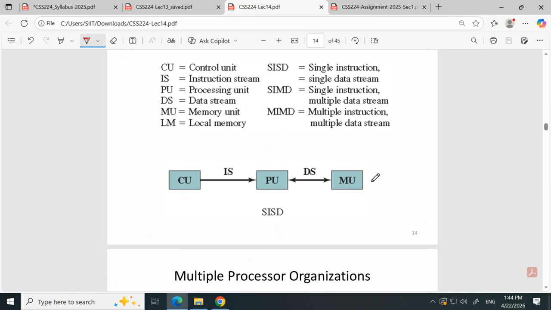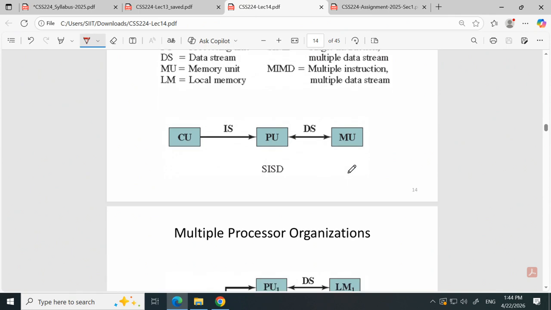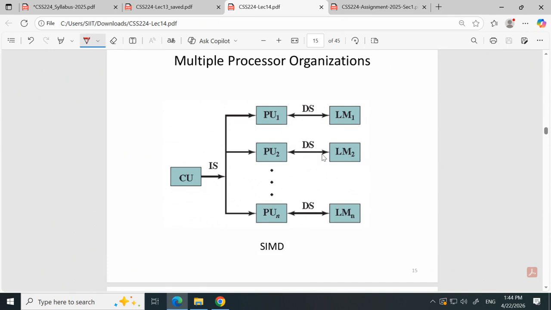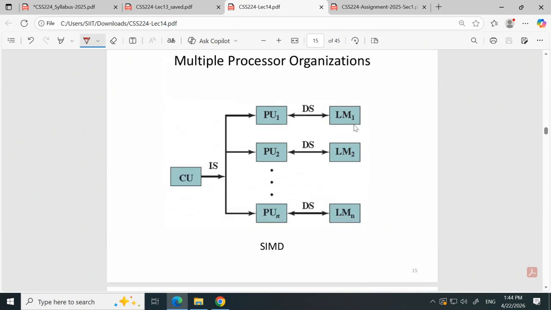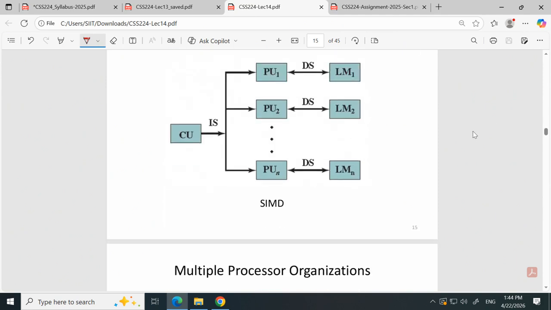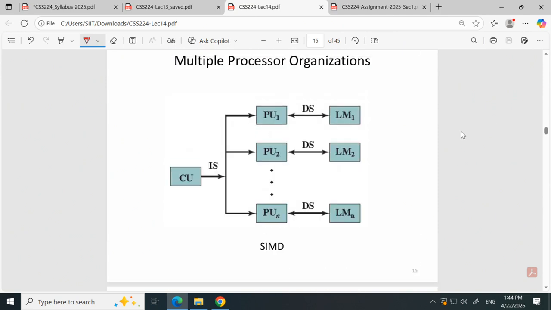You have learned all this already. Next, just one control unit, but we have multiple ALUs, 1, 2, 3, 4, 5, and so on, with local memory. This is just one form of MIMD. Oh, sorry, SIMD. Single instruction, multiple data stream.